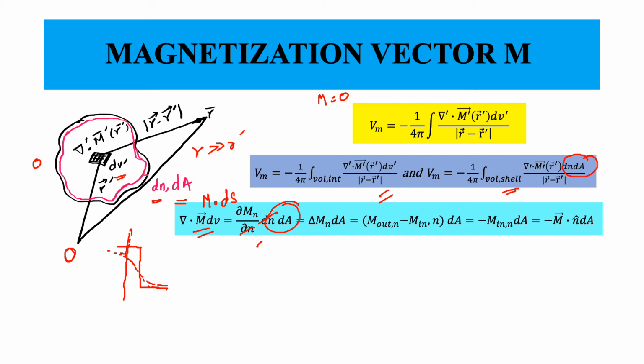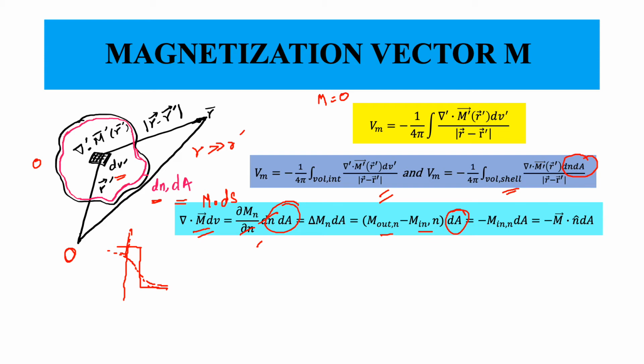Now I already know that the change in the magnetization happens only because of the interior magnetization. So this delta M_n is the normal component outside the cell minus the normal component inside the cell, multiplied by dA. So this would be M out minus M in.